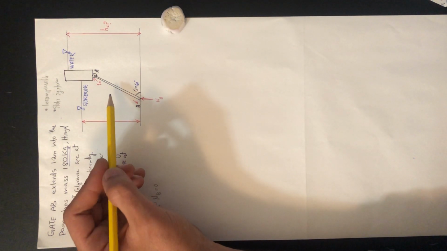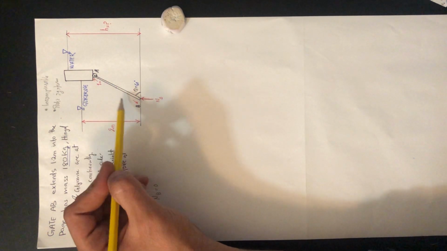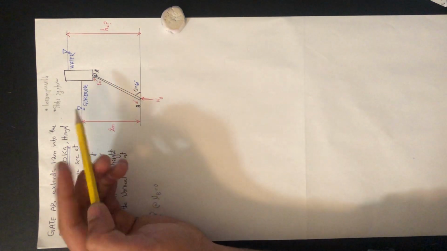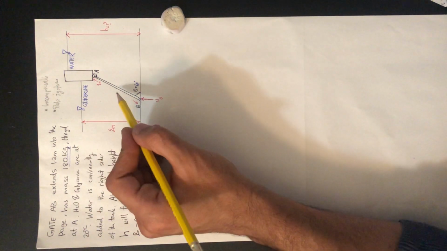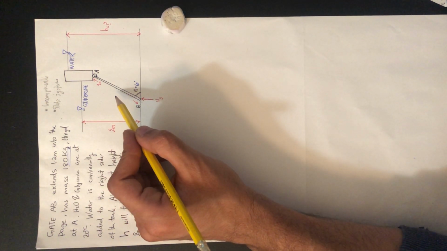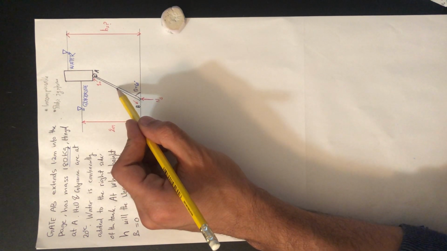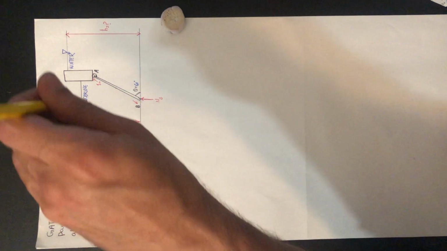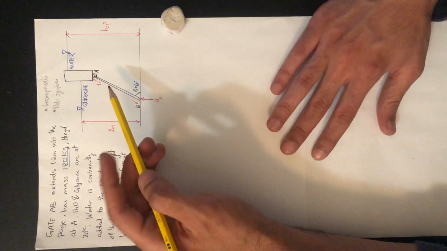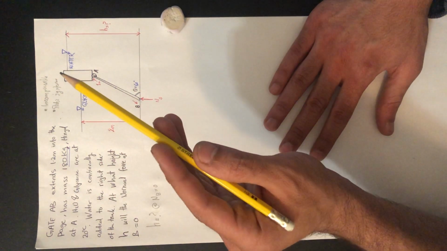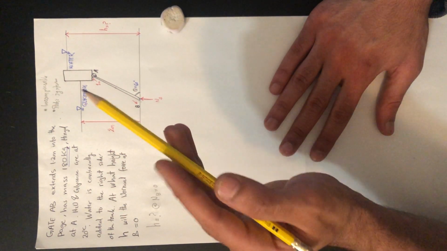And we have this length, 1 meter of the gate. Remember, we are given that the gate extends 1.2 meters into the page, or we can think about it as out of the page, 1.2 meters.